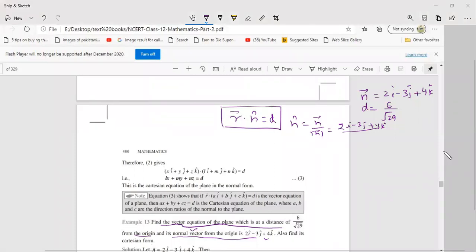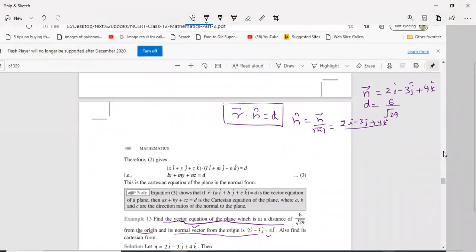So now the question is find the vector equation of the plane which is at a distance of this, and this is a normal vector, not the unit vector. So this is n. Before doing it, just see what is given: the normal vector. So we have to convert n vector into the unit vector.